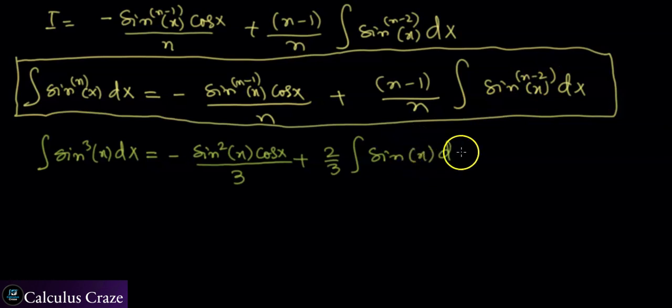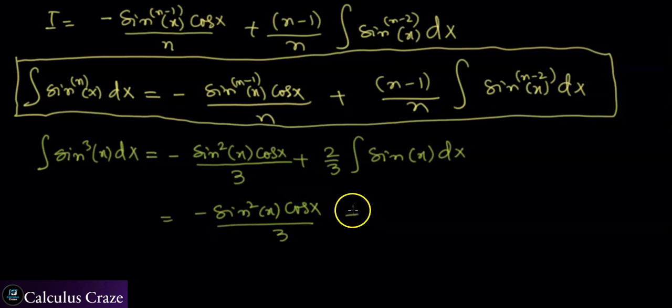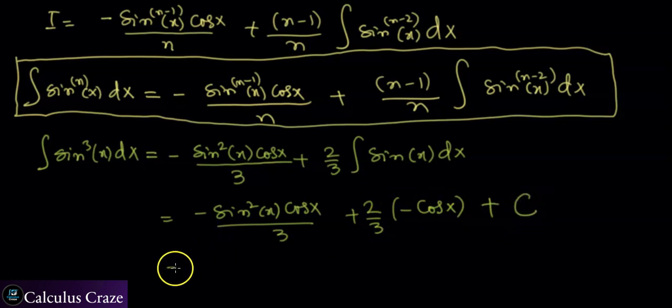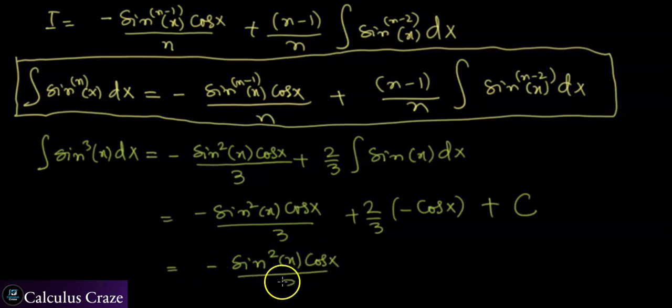So this is just sine x, which you can simplify further: minus sine square of x cos x divided by 3 plus 2 over 3, and the integral of sine is minus cos x plus constant c, so minus sine square x cos x divided by 3 minus 2 over 3 cos x plus c. So this is how you can apply it.